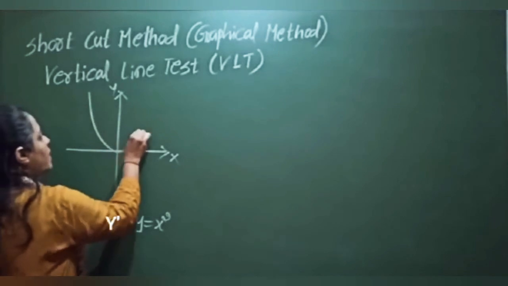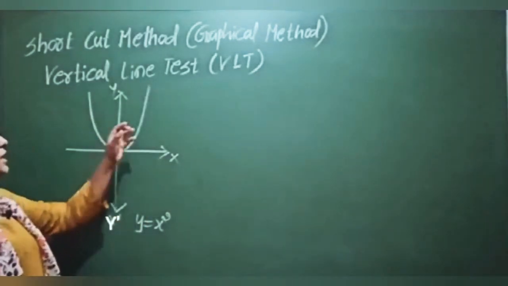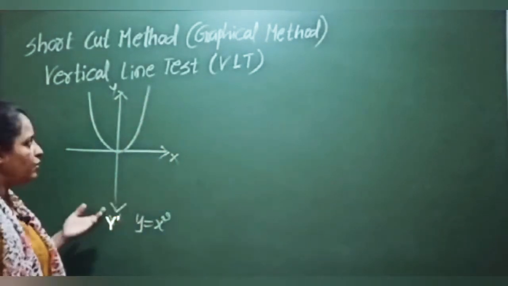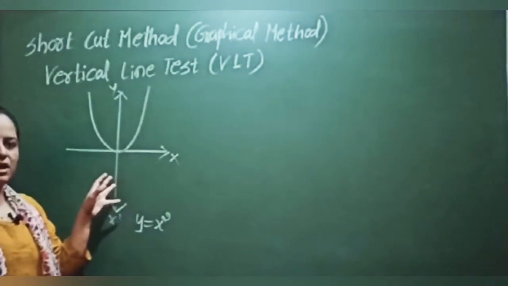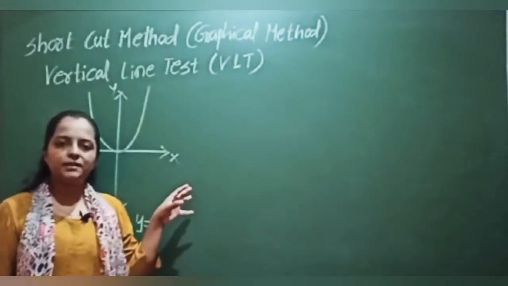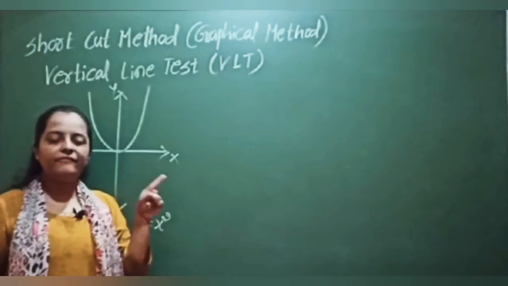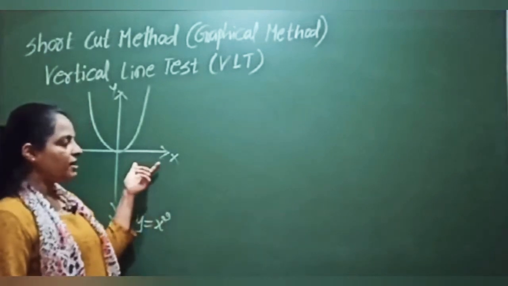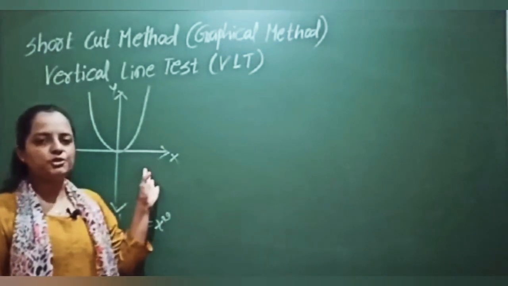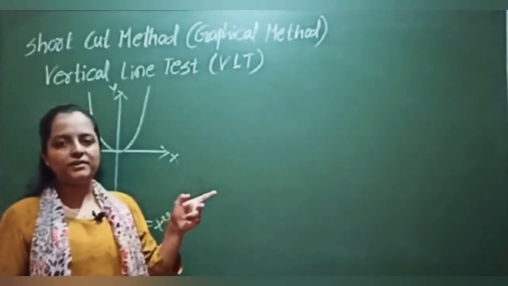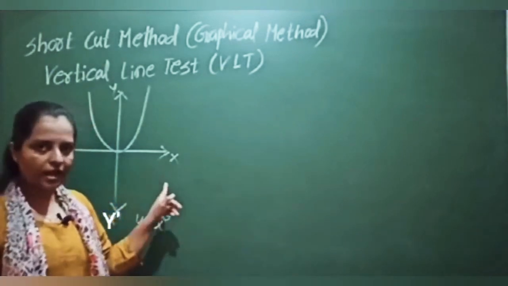So this is the upward parabola, and now take the vertical line test for this. Draw a vertical line on this graph. If the vertical line intersects the given graph at only one point, then we can call the given curve a function. If it cuts at 2 points, then the given curve is not a function.